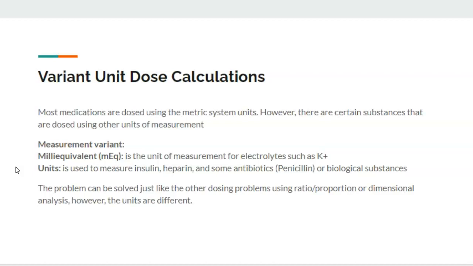The other variant is units. And units is an actual measurement. So we refer to all of our labels as units, but also the word unit is a measurement for drugs like insulin, heparin, antibiotics like penicillin, any biological substances. We measure those in units.